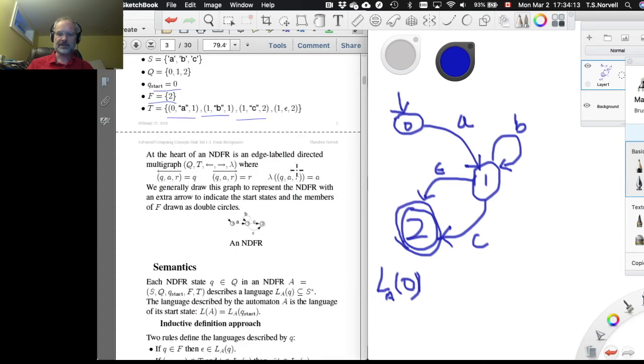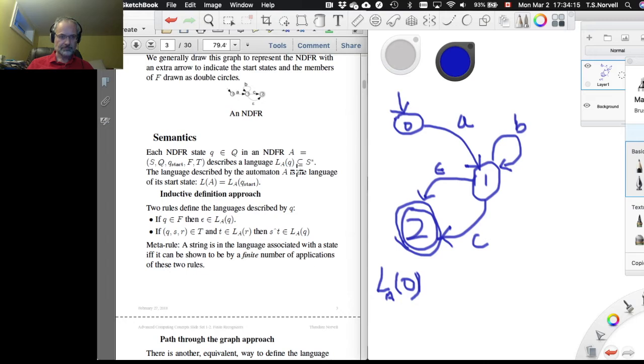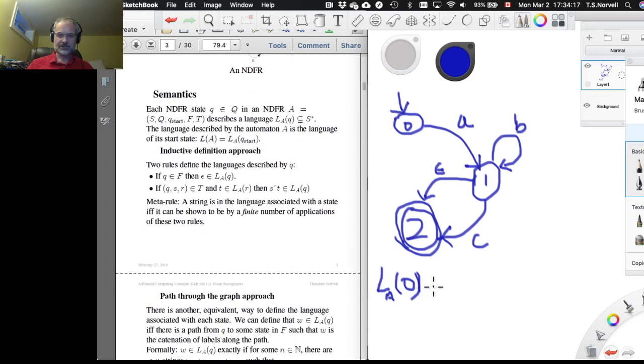Yeah, I called that A. So we have the language of state 0, the language of state 1, and the language for automaton A of state 2.